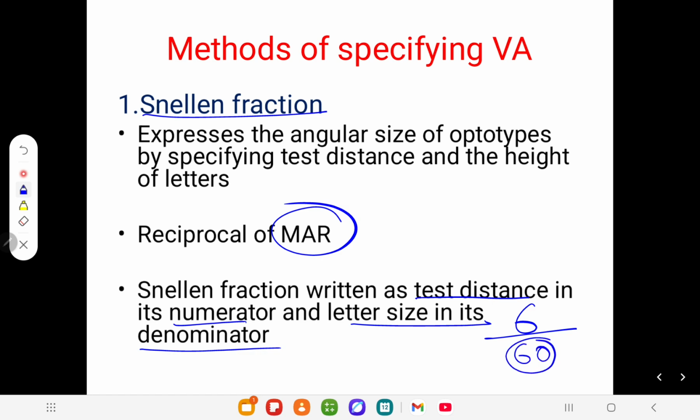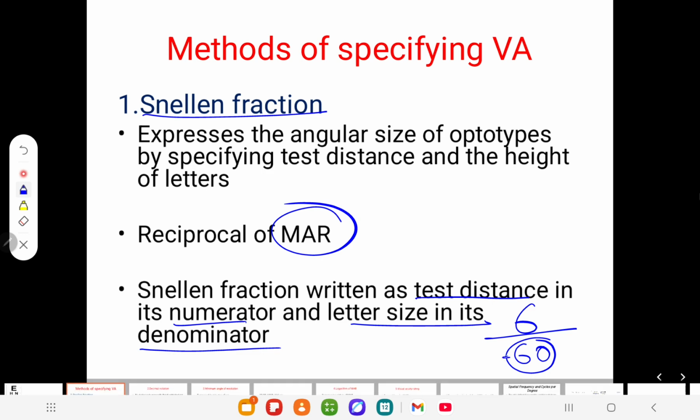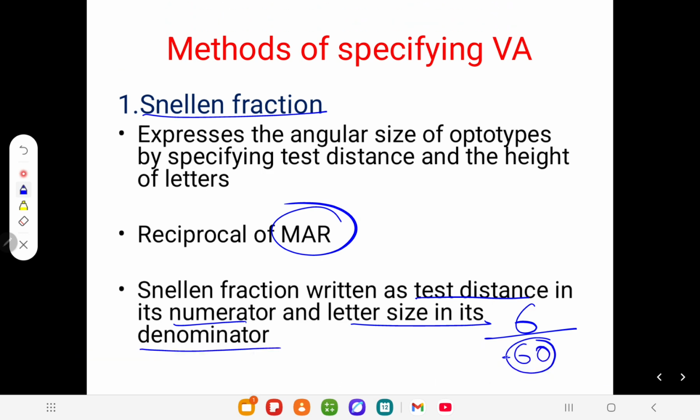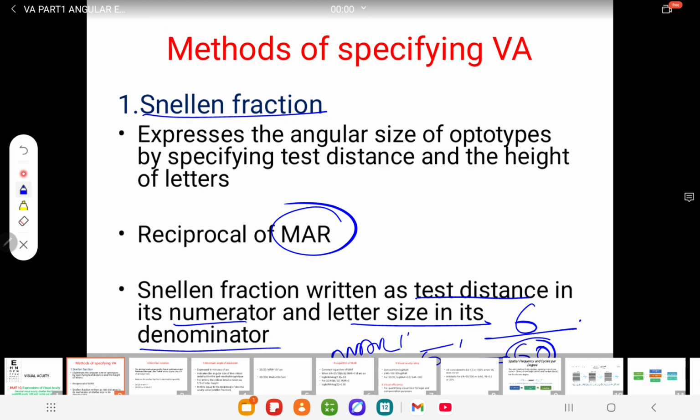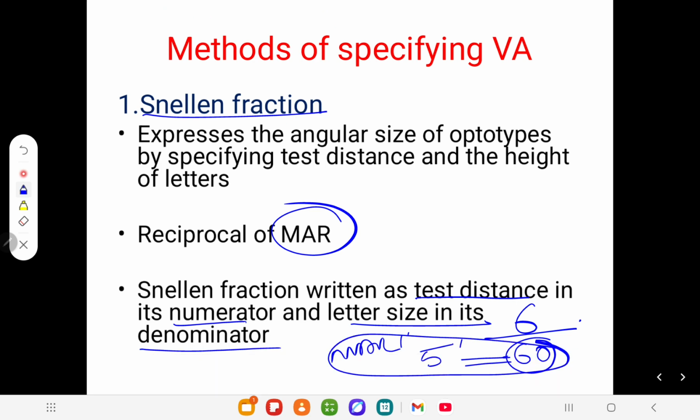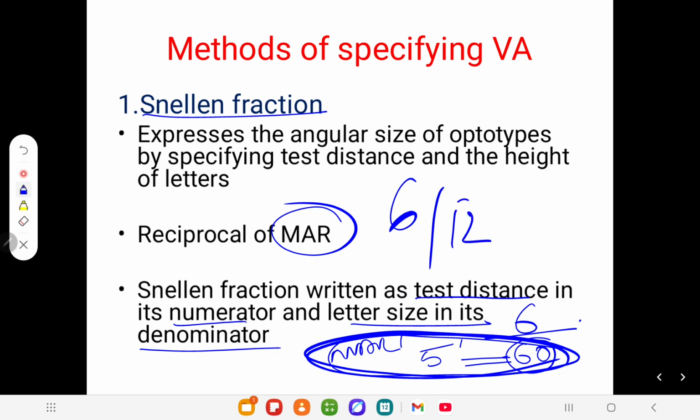See, testing distance in the numerator, but letter size means, let's take an example, 6/60. It doesn't mean 60 meters or whatever. It means the letter size which subtends 5 minutes of arc in total, or the letter size whose MAR will be 1 minute of arc at 60 meters. Similarly, 6/12 means the letter size which subtends 5 minutes of arc in total at 12 meters, isn't it?